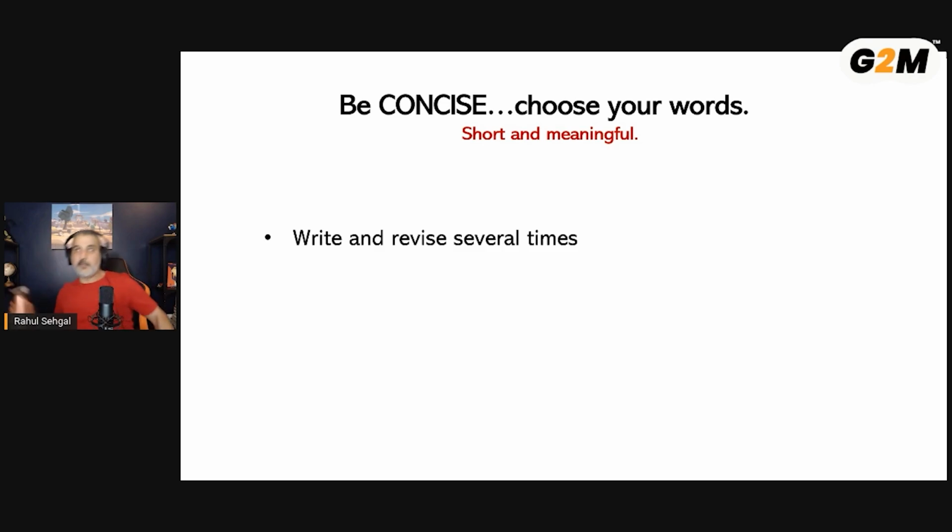You're going to write 10 sentences, and then you need to read that and say, I don't need this sentence, I can make this one shorter, I'm repeating myself, let me make it shorter. Basically you have to use the least number of words possible to describe something.